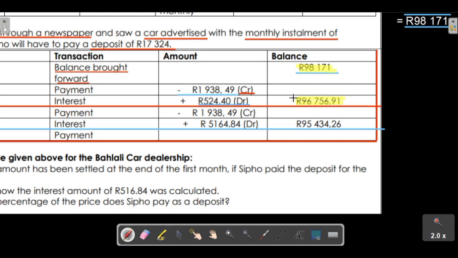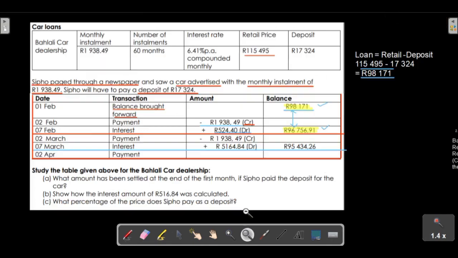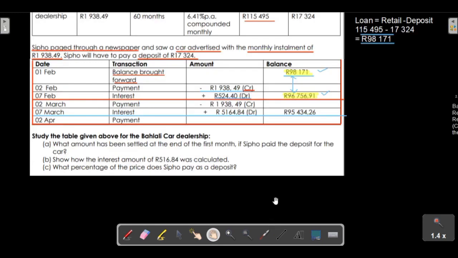So he opened with this amount, he closed with this amount, and so the difference in those two amounts, guys, should be what he paid. I don't know if you guys get me here. Here's an opening balance of that, and here's a closing balance of that. Then how much has he paid?